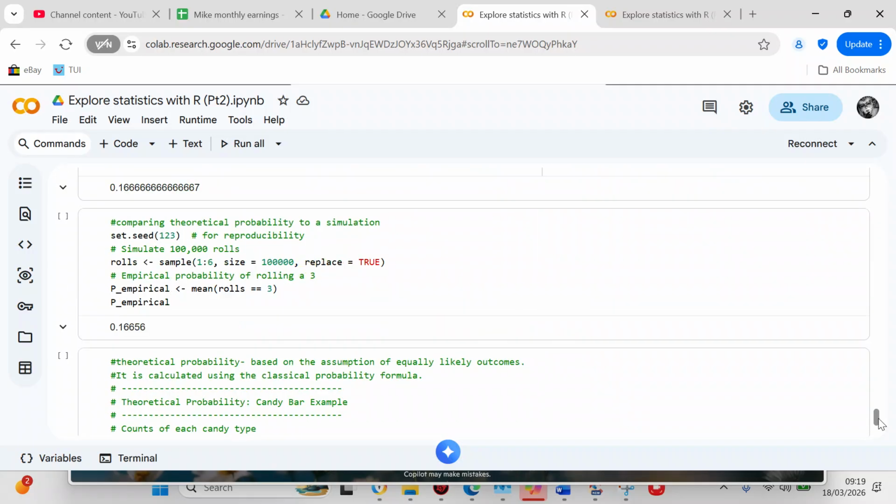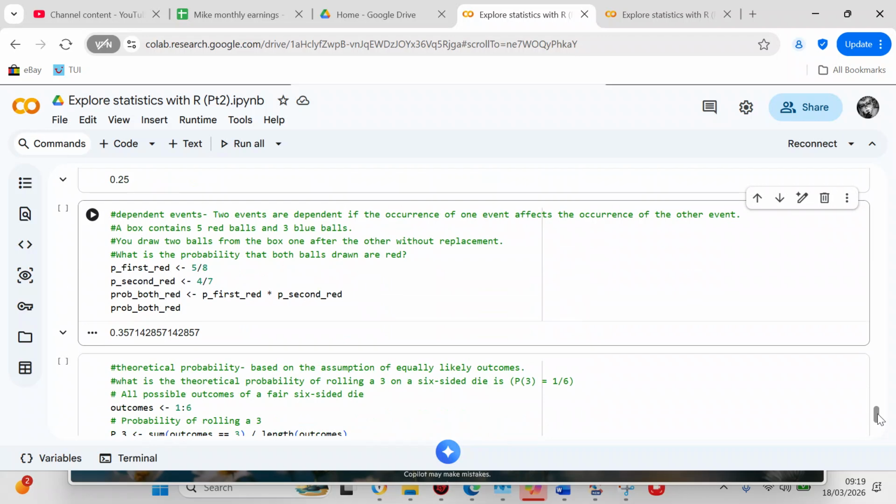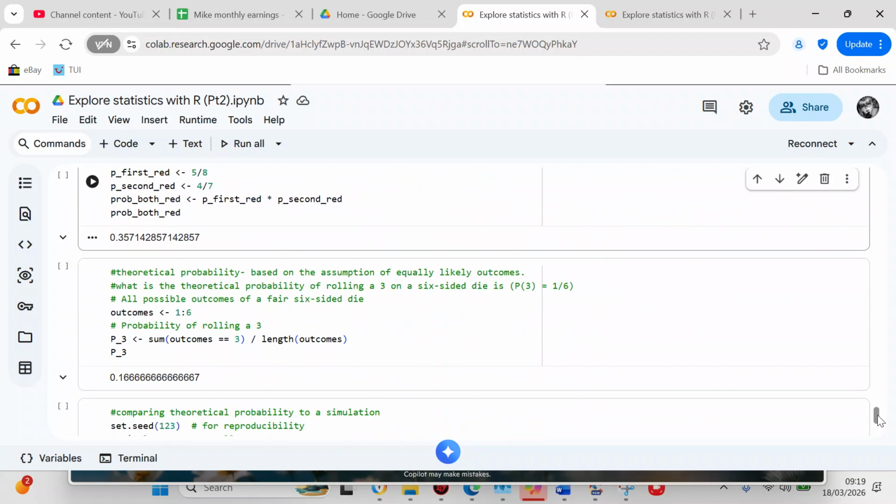So now we're going to have theoretical probability. Theoretical probability is based on the assumption of equally likely outcomes. What is the theoretical probability of rolling a 3 on a 6-sided die? P(3) equals 1/6. So the probability of rolling a 3 on a 6-sided die is 1 divided by 6, or 0.167.